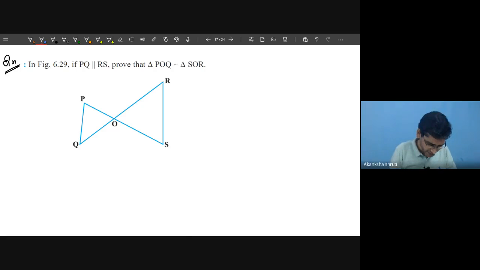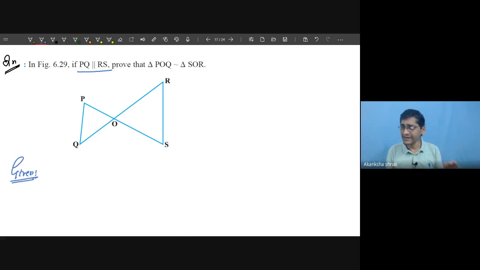Student, in this case, we are observing that it is given that PQ is parallel to RS. So student, in geometry, the better way is to start with what is given, that also we have to write. So what is given here?